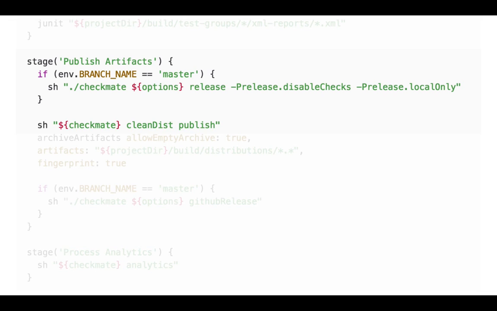We're going to clean up our distribution directory to make sure that we're only publishing content that's been built as part of this release and not content that was built in a prior release. So we're cleaning that up. We're building our zip files, perhaps our bar file if we've got that enabled, and we're publishing that to Maven.